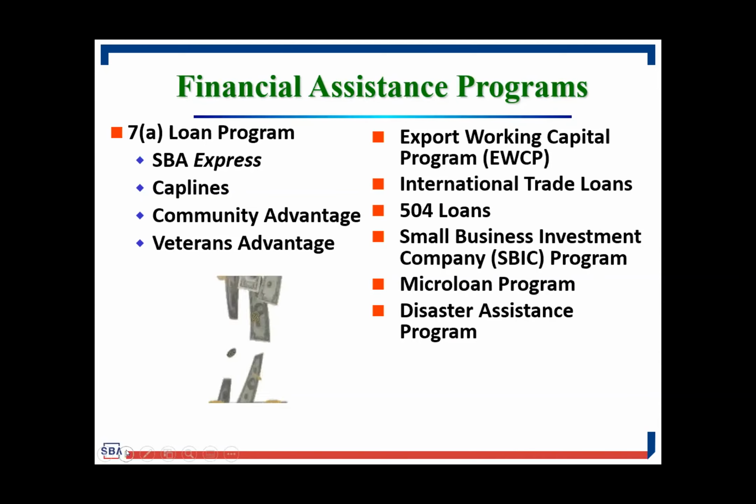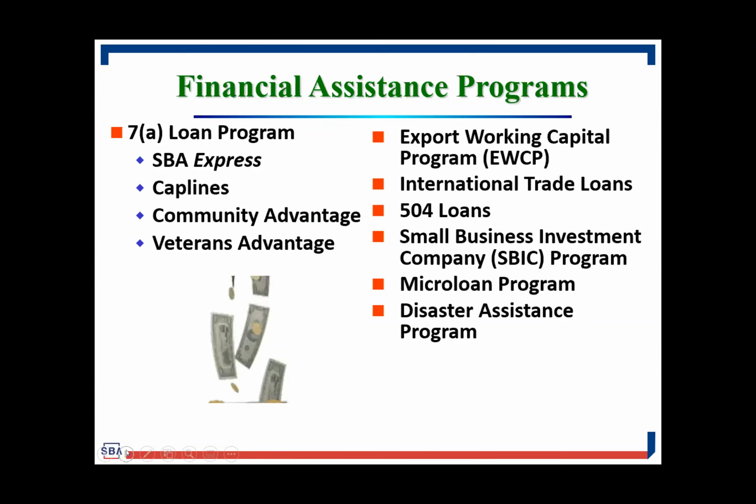Under our 7A loan program, we have the SBA Express loan, which can serve as a line of credit for individuals who need to get money right away. We also have our CAP lines, which is another line of credit program. The Community Advantage loan program is there for those individuals who have difficulty getting financing on reasonable terms. And of course, for our veterans, we have the Veterans Advantage Loan Program.